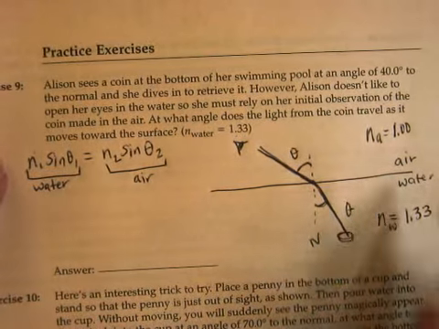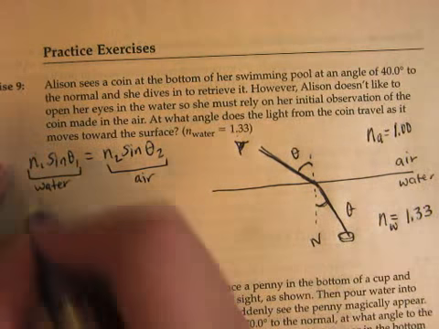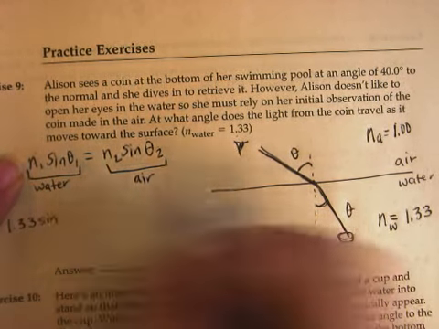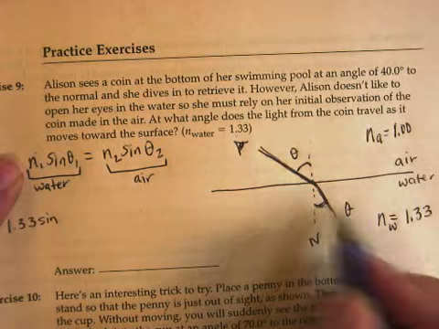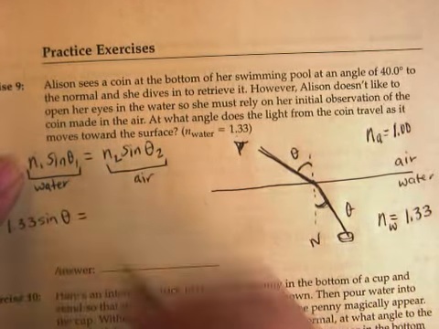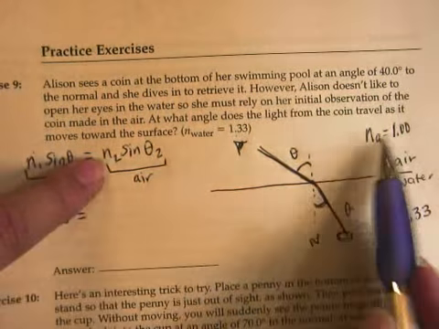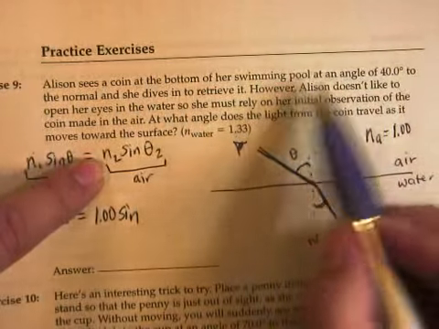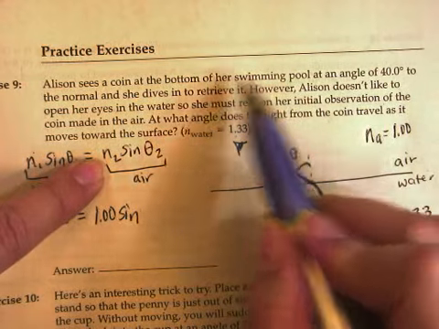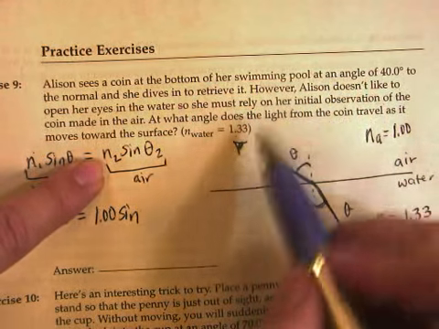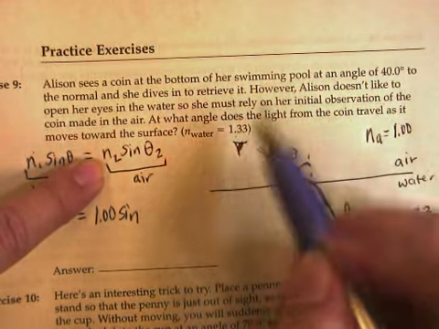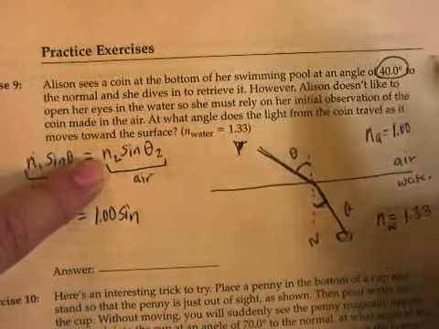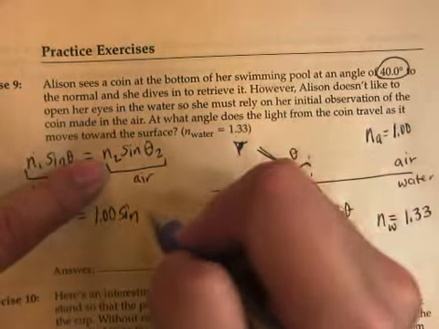So let's plug in our formula with the numbers that we were given. 1.33, which is the index of refraction of water, multiplied by the sine of my angle, and I don't know what this angle is, is equal to the index of refraction in air, which is 1, multiplied by the sine of my angle in air, and that was given to us. Now, when she sees it, remember, Allison is standing in the air. Therefore, this angle must be the angle that is up here on the air side.